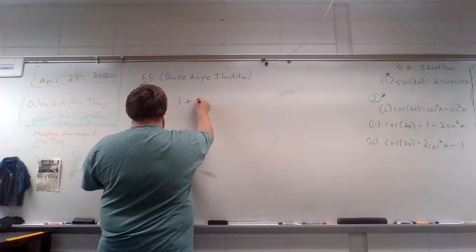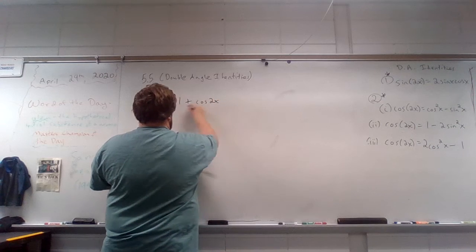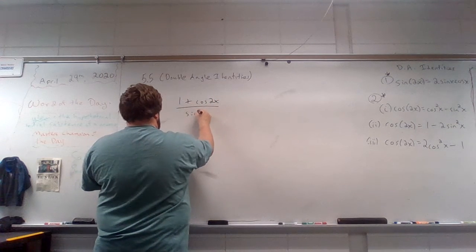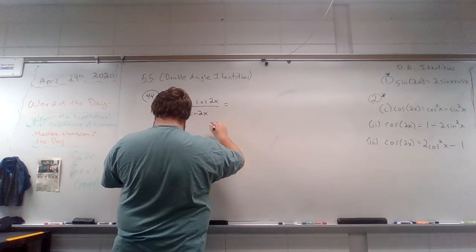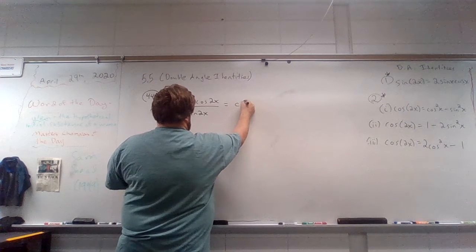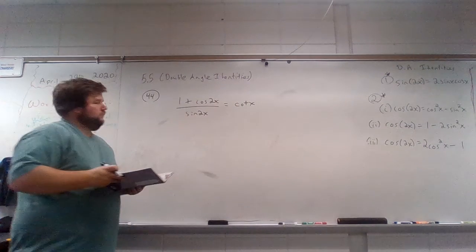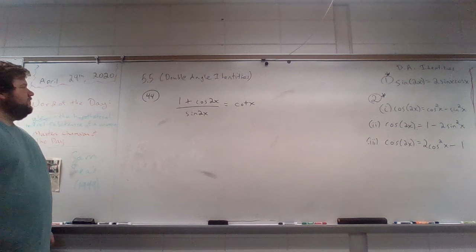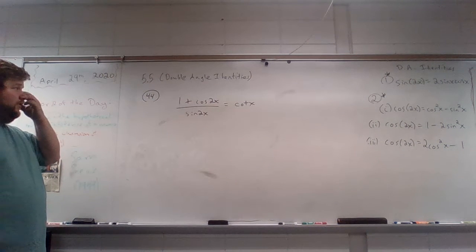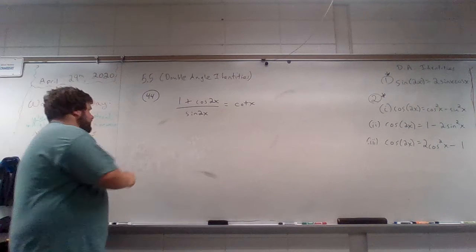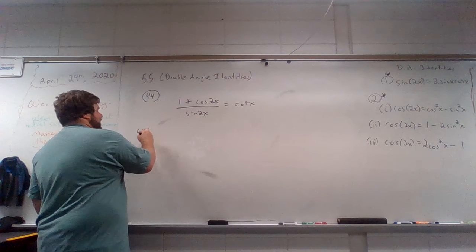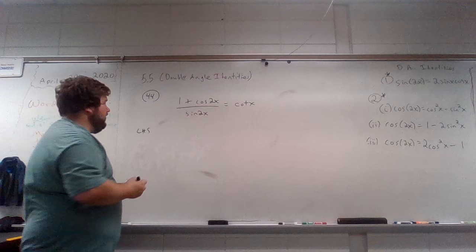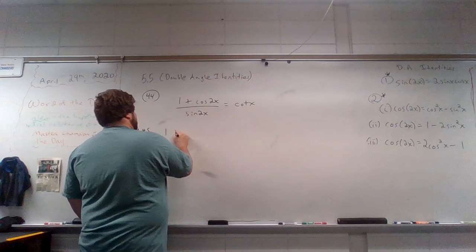One plus cosine of 2x divided by the sine of 2x is equal to cotangent x. Okay, so I can pick either the left or the right. Of course, here I think I'll do the left because I've got a couple different double angle identities I can work with here. So let's pick the left.